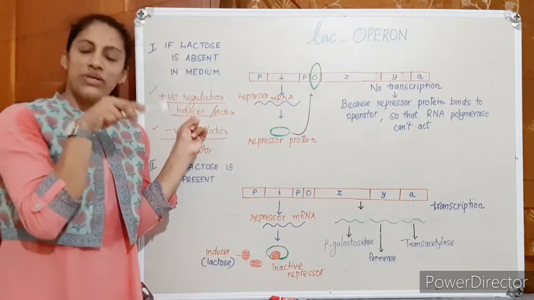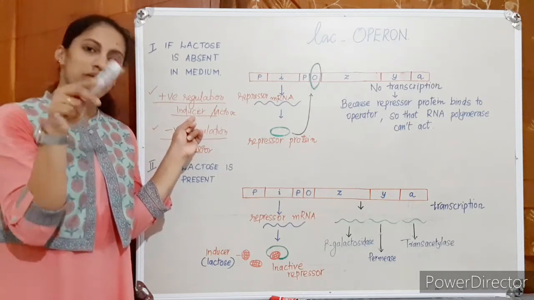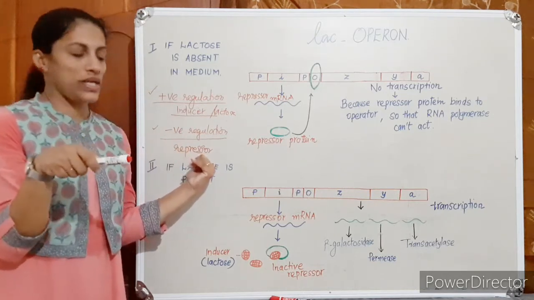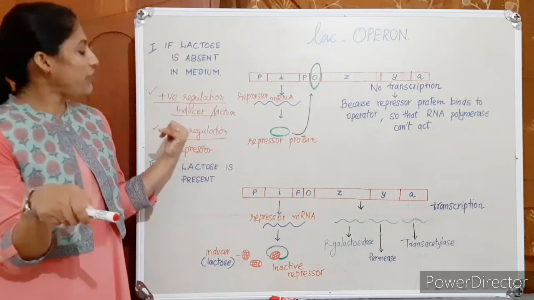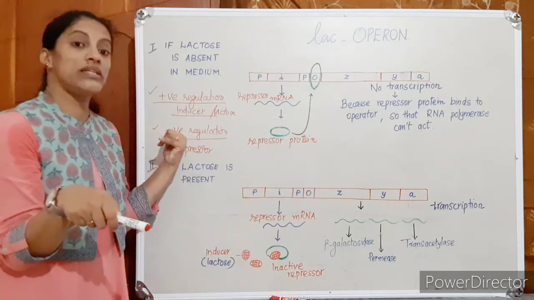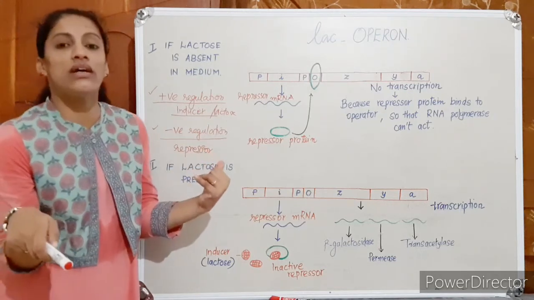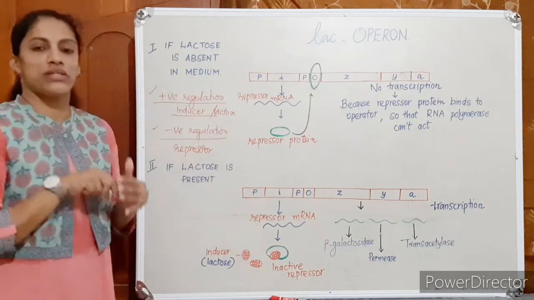That means if the inducer is present, the lac operon is switched on. If absent, switched off. Then in terms of the repressor, it is under negative regulation. That means if the repressor is present, it is switched off. If the repressor is absent, it is switched on. It is never absent, but it is inactivated.